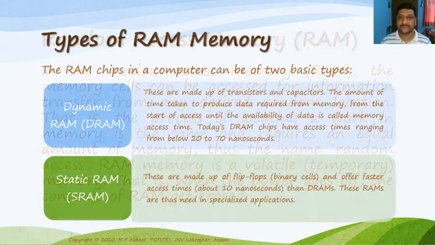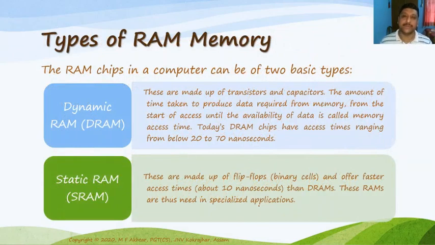Okay. Now types of RAM. There are two types of RAM: dynamic RAM and static RAM, or we can say DRAM and SRAM. Some different things are there. Dynamic RAM is made up of transistors and capacitors. The amount of time taken to produce the data required from memory, from the start of access until the availability of data, is known as memory access time.